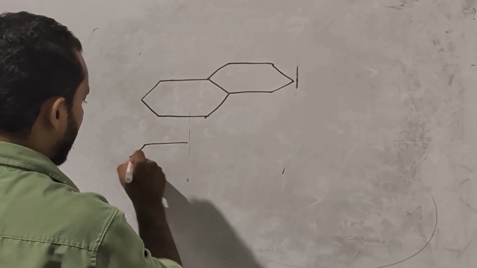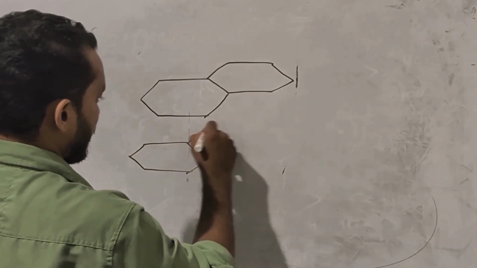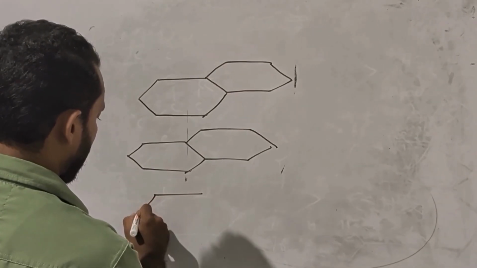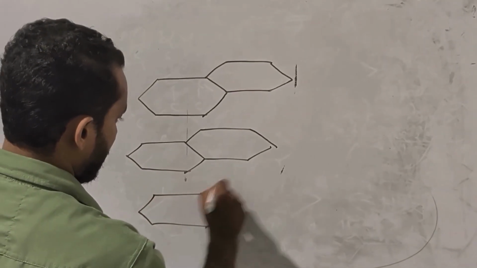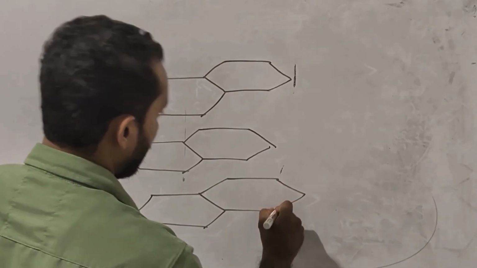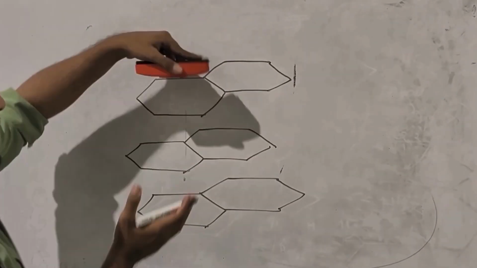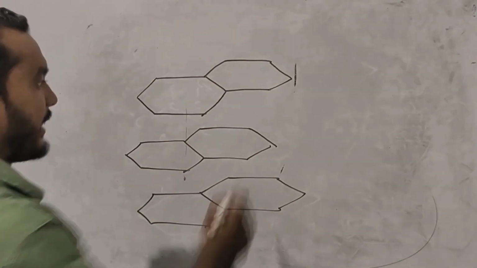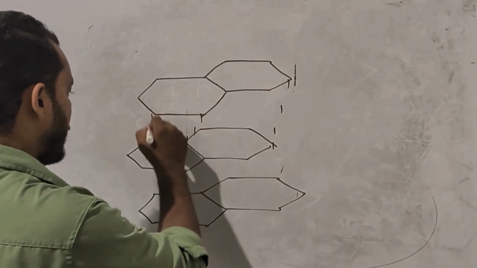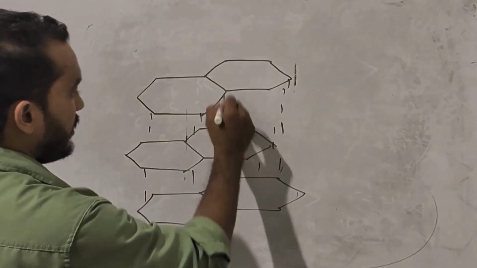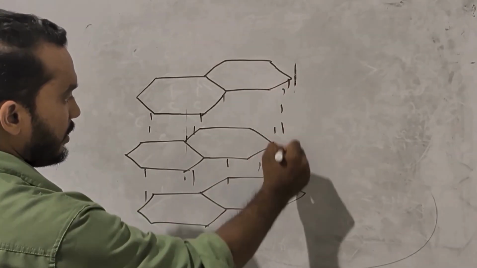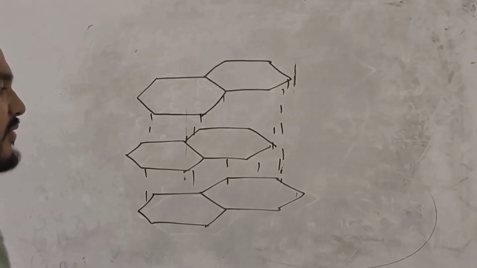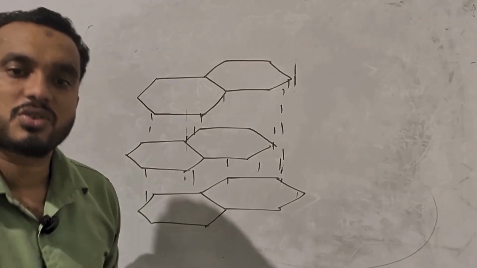One layer of hexagonal rings lies over another in the same plane, and they are bound by van der Waals force. These dots are the van der Waals force. It is a weak force, for which graphite is slippery and soft.